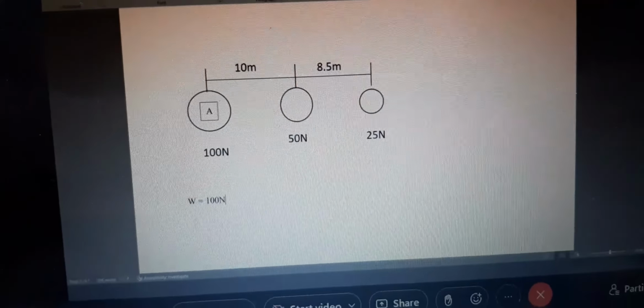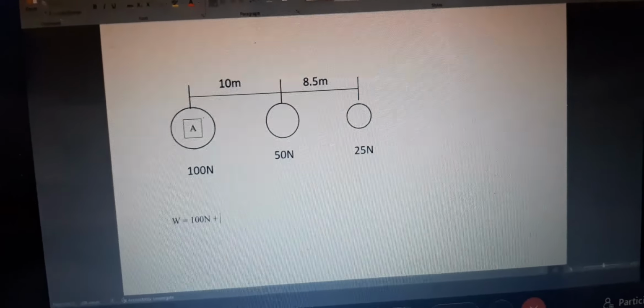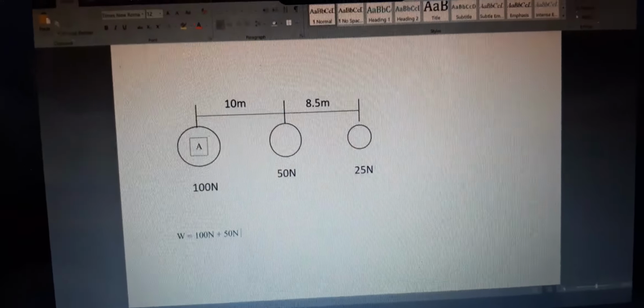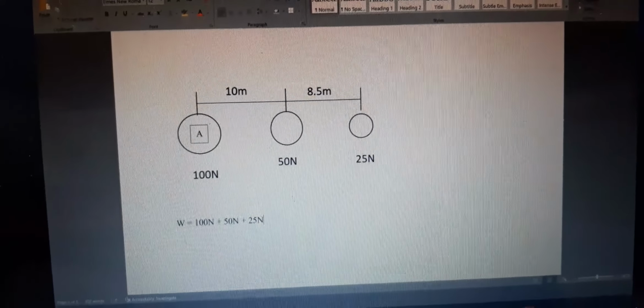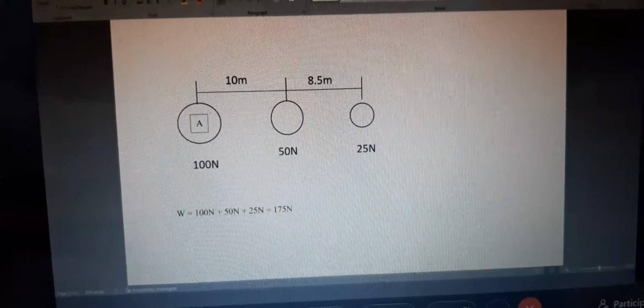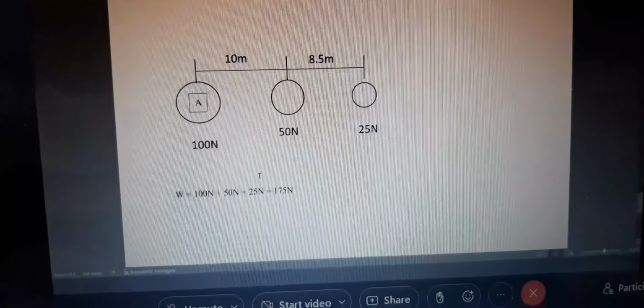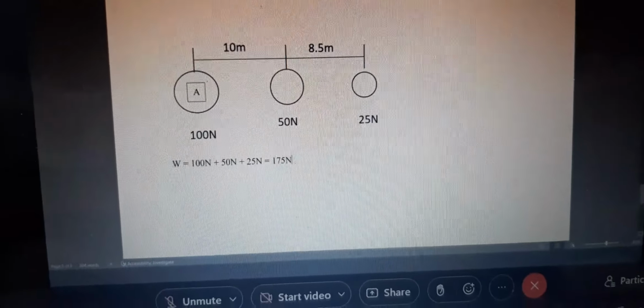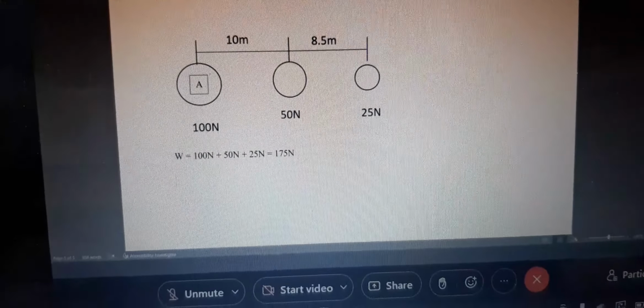That's the first thing. So now we would have 100 Newton, being that they're the same unit, plus 50 Newton, plus 25 Newton. So the load right here is going to be 175 Newton. That's the first thing. Determining the total load on this system.